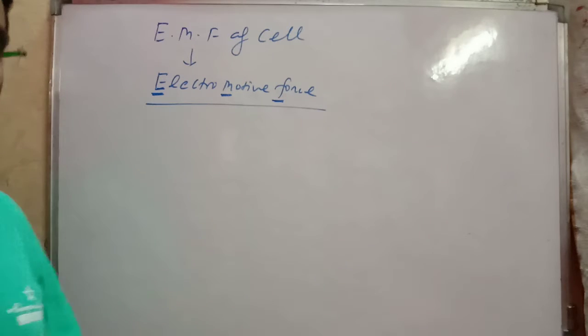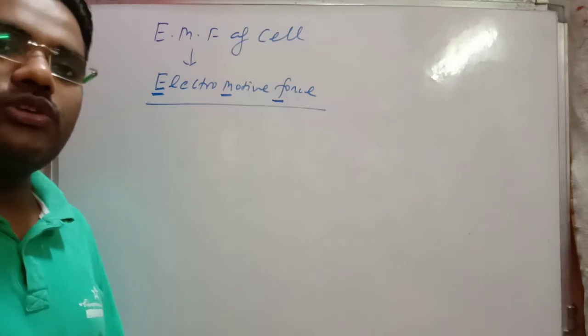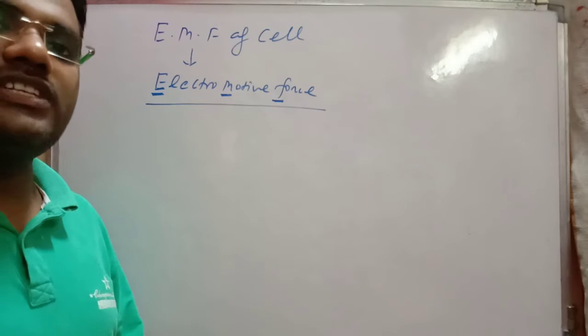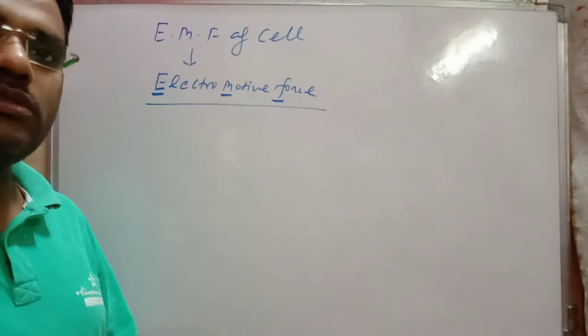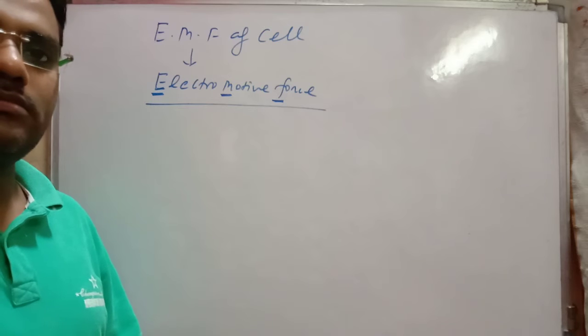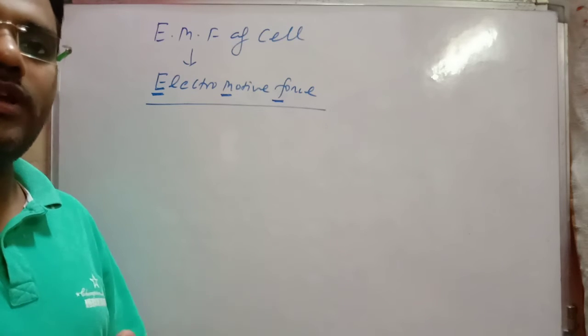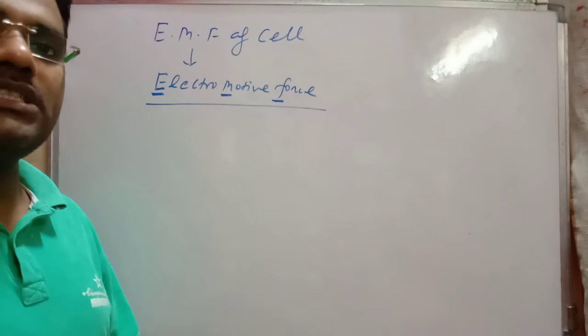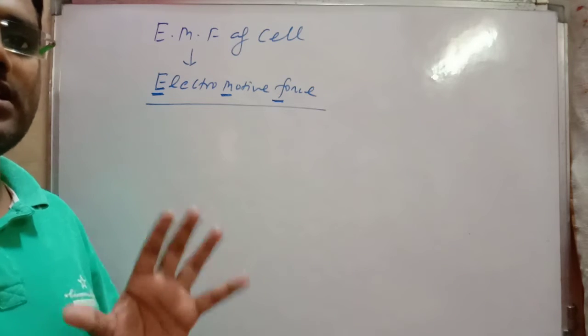How to define electromotive force? The EMF of a cell is defined as the amount of work done in moving a unit charge in the whole circuit, that means external plus internal circuit.